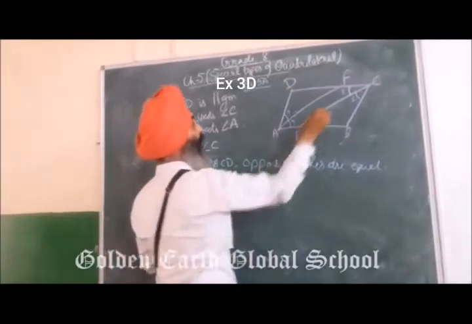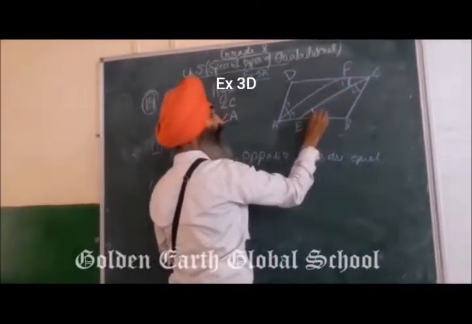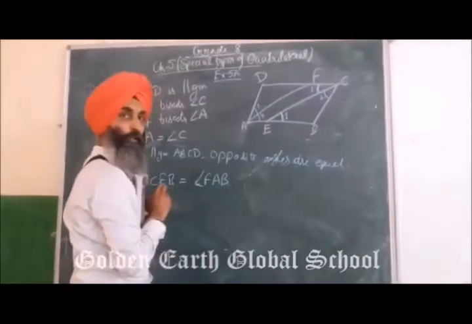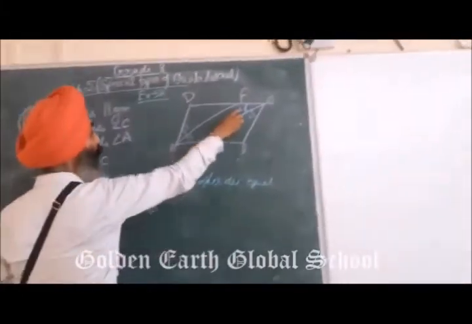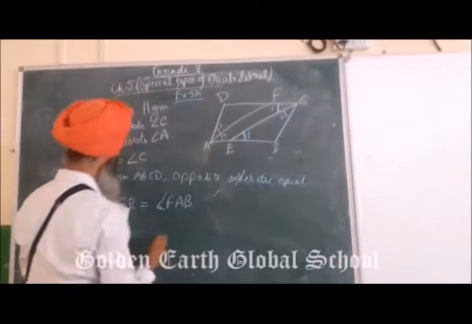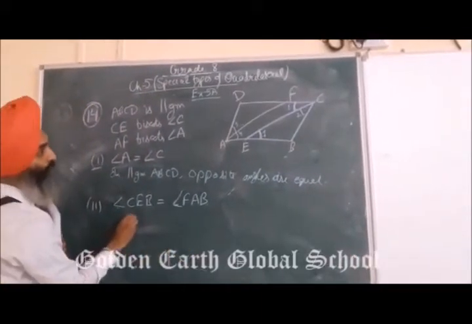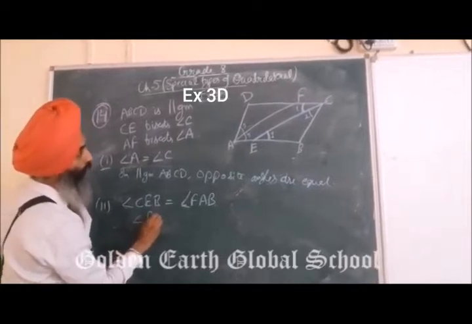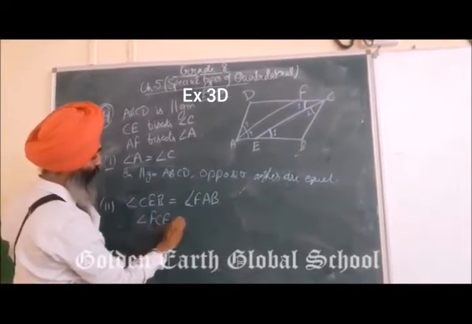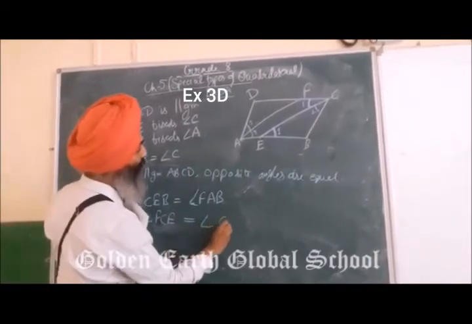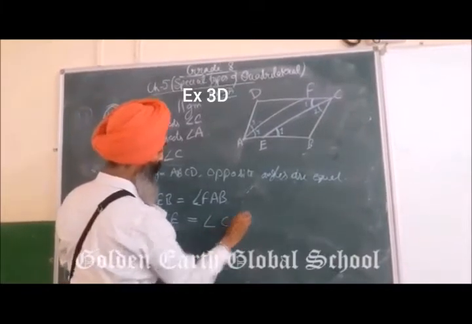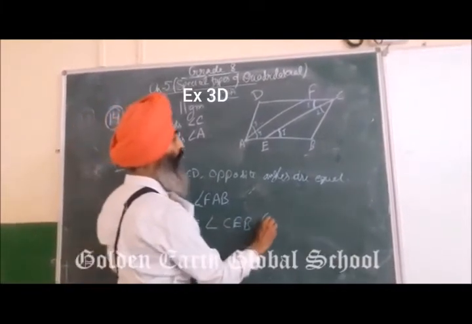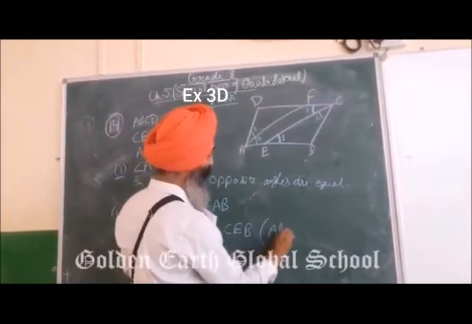So you can say that this angle is equal to this angle, तो ये भी angle 1 हो गया। Why? Because they are alternate angle, okay? So can I write angle FCE is equal to angle CEB। ये दोनों एंगल 1 ही है, मैंने उसको सिर्फ नेमिंग दिया है, ओके। Alternate angle you can say that.